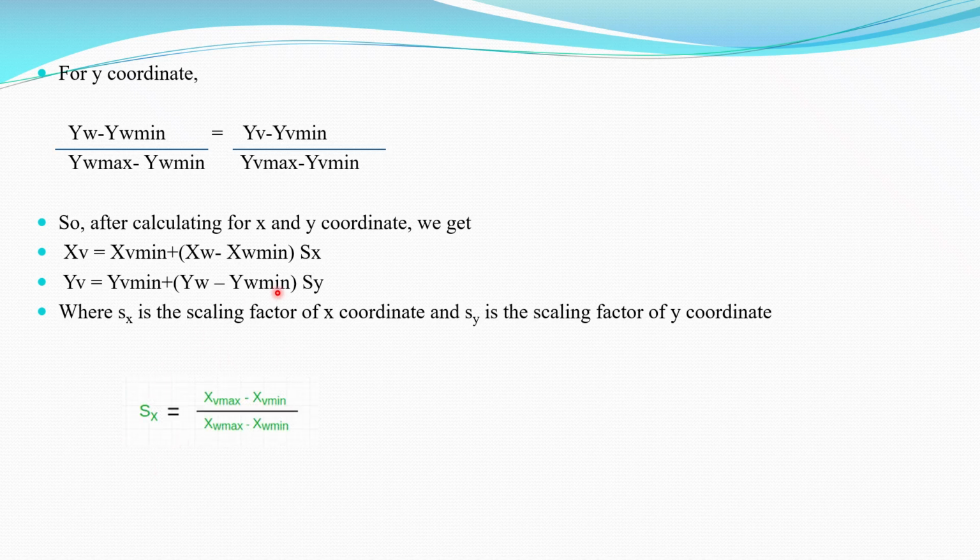For x, the scaling is xv max minus xv min divided by xw max minus xw min. The same for y: sy is yv max minus yv min divided by yw max minus yw min. This is the scaling for the x coordinates, and this is for the y coordinates.